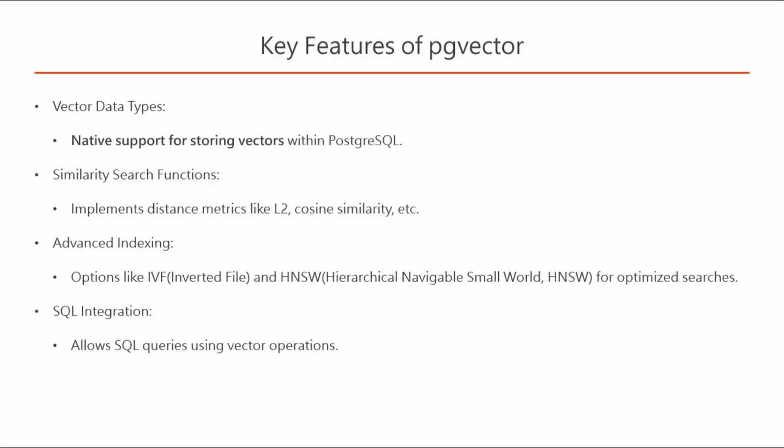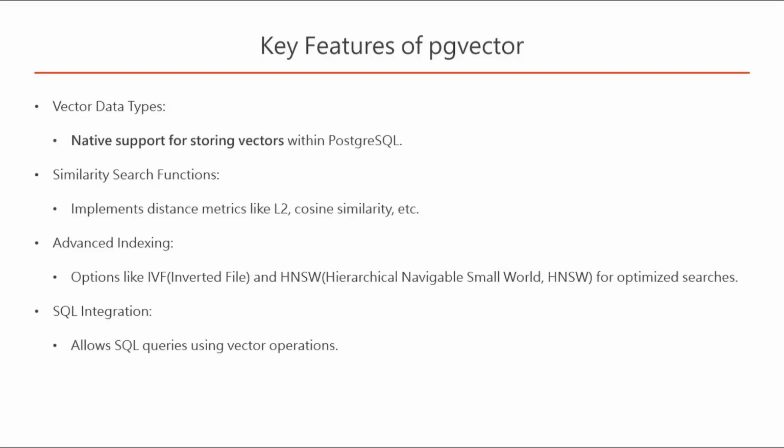So we will talk about the key features of PG vector. First, as we said before, is the vector data type. It's native support for storing vectors within PostgreSQL. Second is the similarity search functions, implementing methods like L2 and cosine similarity. L2 we talked about previously, so I won't explain it here again.